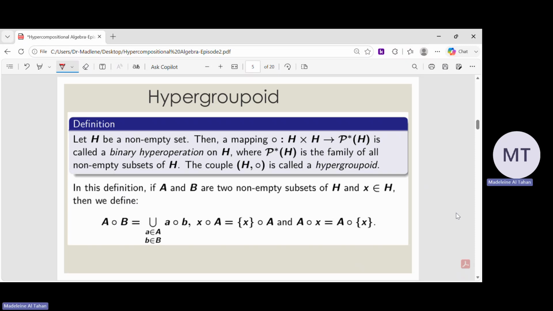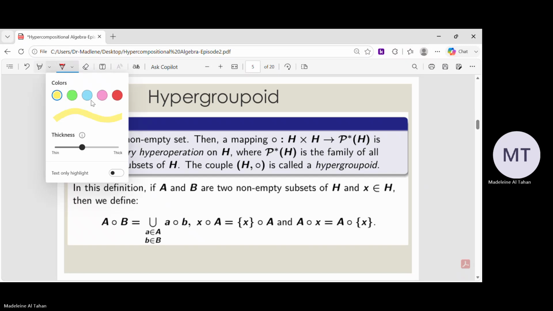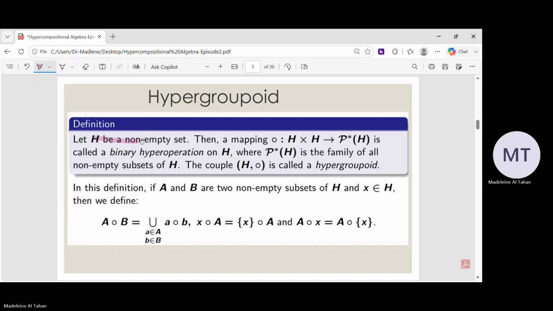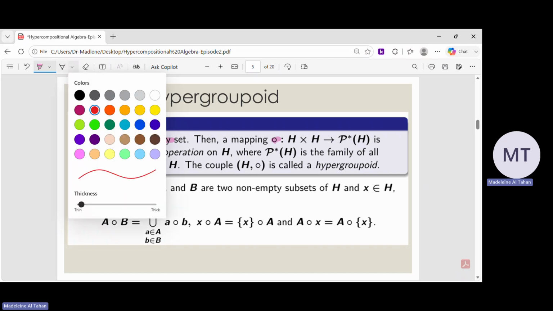Here we give the definition of hypergroupoid formally. We are starting with H, a non-empty set, and we are defining a hyperoperation from the Cartesian product of H with itself to power star of H. So what is power star of H?